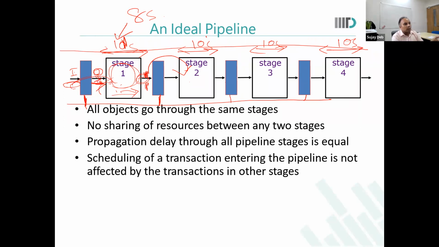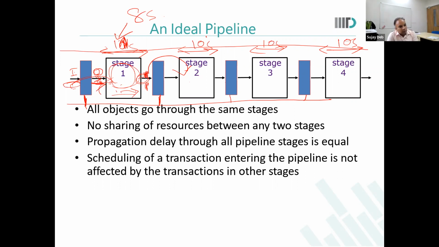So that's why, if the slowest stage is, let's say, 11 seconds, then you have to decide that every 11 seconds, or 11 seconds plus some overhead time, I'll be opening the gate. You can't open the gate before that. So the slowest stage will determine the time at which you can regulate this gate.